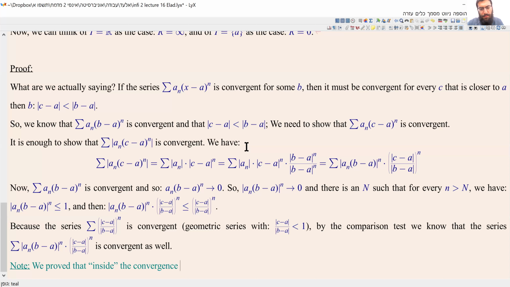I mean, a series can be convergent at 1, but not convergent at -1. But inside, for c smaller than b, that's what we proved, inside the convergence domain, the power series is absolutely convergent.